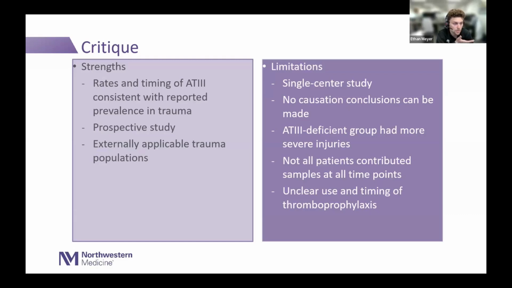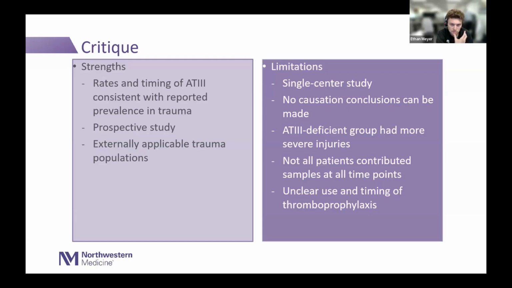This was also a prospective study, which was a strength, and then it was a relatively externally applicable trauma population. The one caveat was that there was a lot of blunt traumas, so this may not be as applicable for your penetrating traumas, just given it was a very low percentage. Some of the limitations are that it was a single center study.